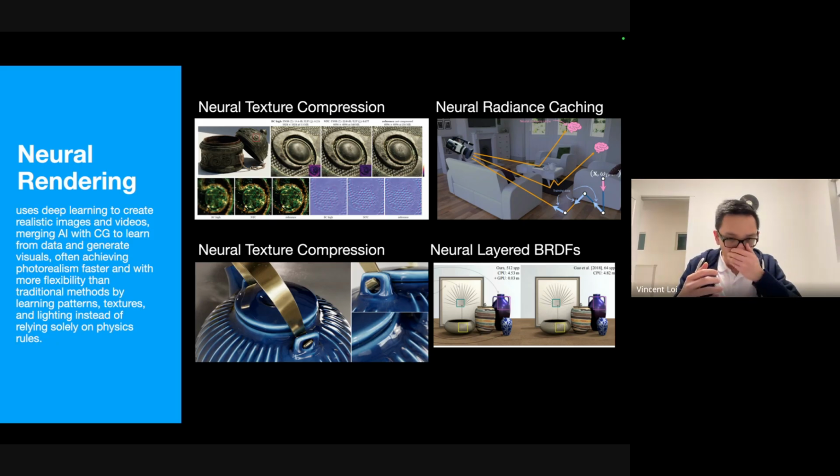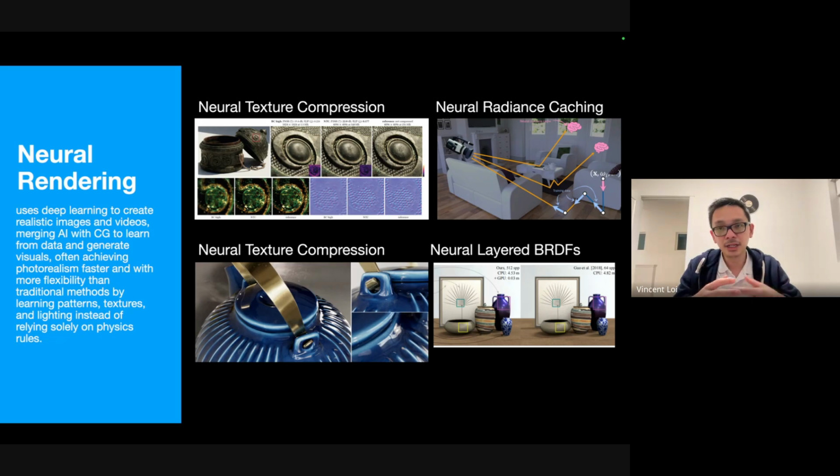One of the big breakthroughs is that they're using the MLP, the multi-layer perceptron network, to learn very, very high resolution texture images into a small network, and that network can capture very, very small details of the surface, and then they render in real time.